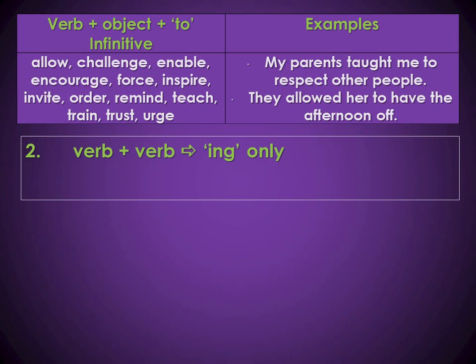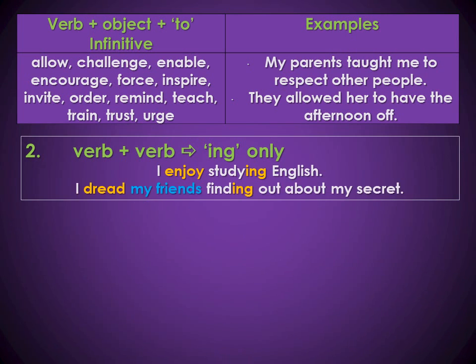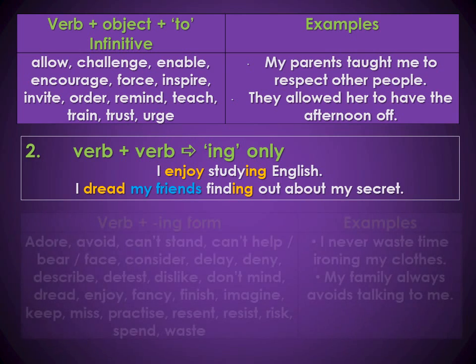Forgive me, guys, this was not meant to happen. I was thinking of verb urge and verb train. Before we move on to verb plus verb ing only, okay? So before we move on, stop and go to the dictionary to check on the meanings and uses of these verbs.